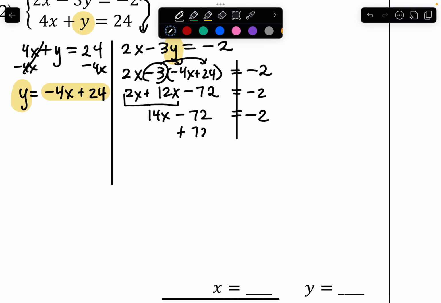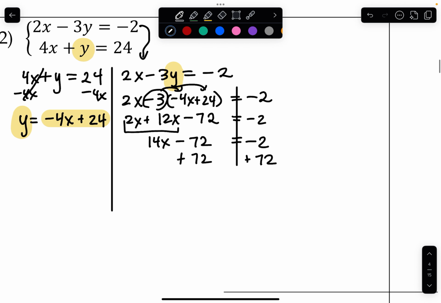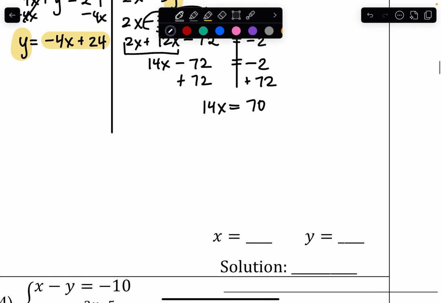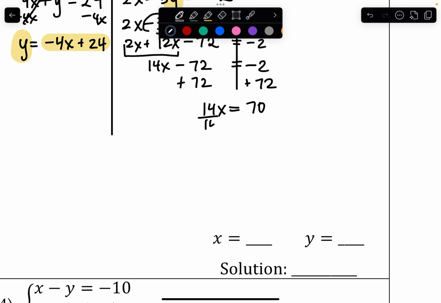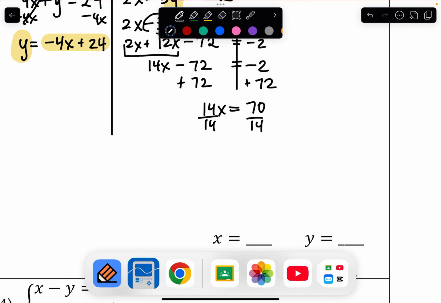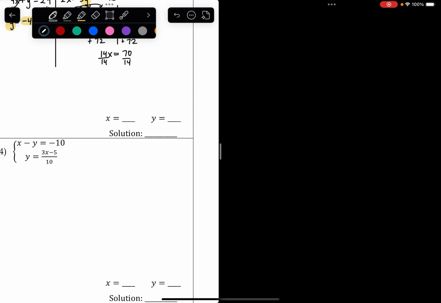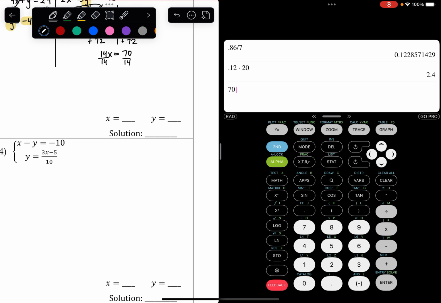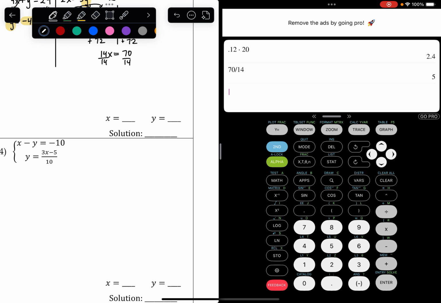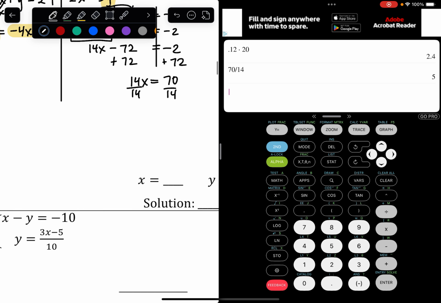And then we can add 72 to both sides. And so we get 14x equals 70. Okay, and then we divide by 14. Okay, and so we get x equals 5.